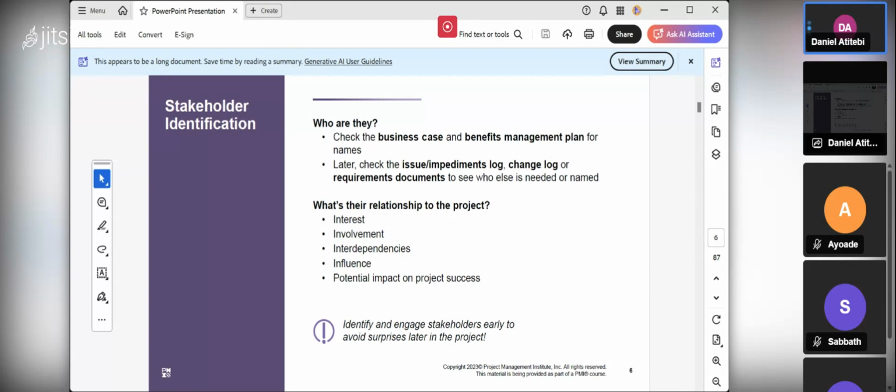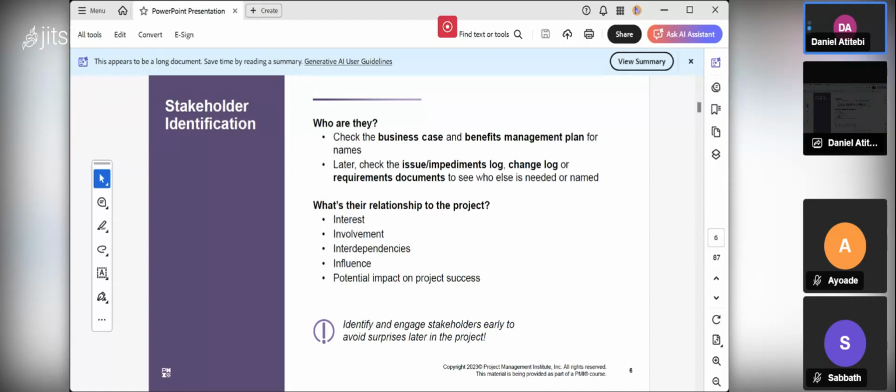The change board will evaluate it to see how that change would affect your project constraints, like budget, cost, quality, scope, and time or schedule. Those board members will ratify it, validate it, and approve it. Therefore, they are also stakeholders, so you can identify who does that.